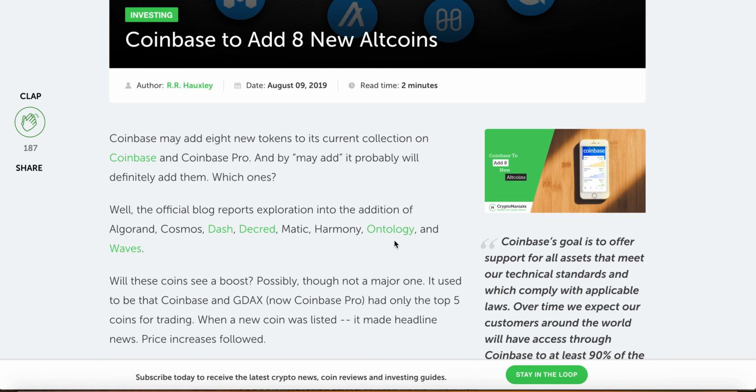I guess I don't want to say that, because Ontology dilutes a lot of the value of Neo. I mean, don't forget 90% of projects are going to fail. Back in 2017, people were so hyped about Neo being the Chinese Ethereum, and then you had ICON, ICX, the Ethereum of Korea. All these projects are almost on life support right now.